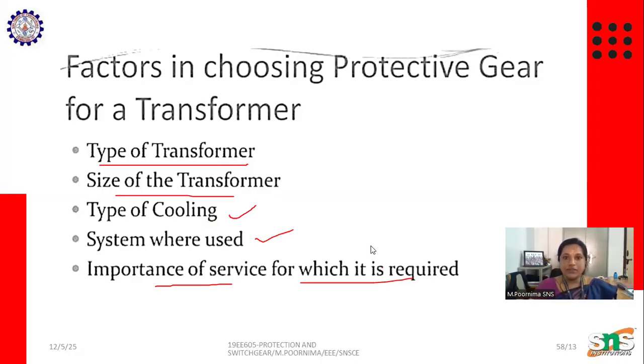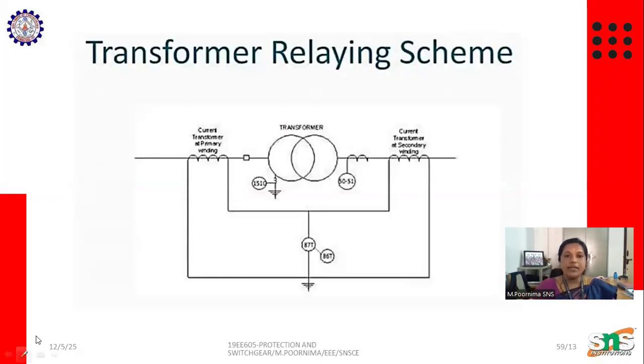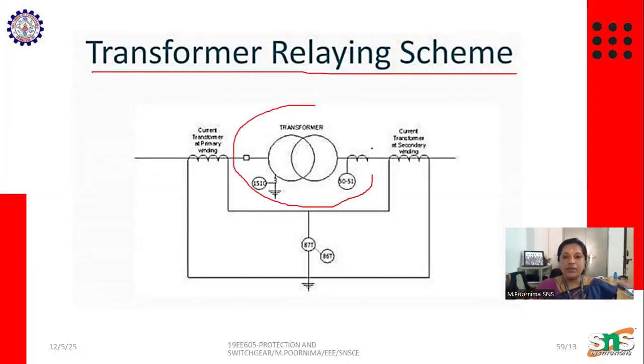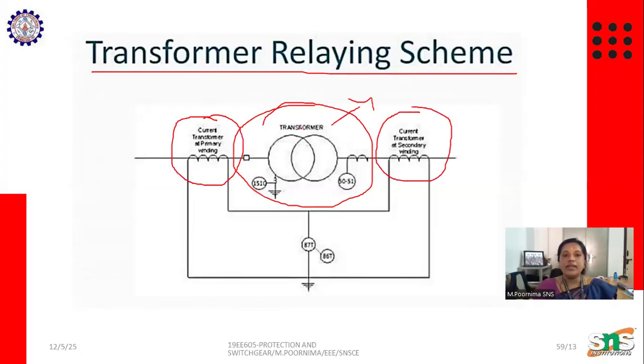Next is the transformer relaying scheme. Here we have the transformer which we are going to protect. We have two separate current transformers: one current transformer for protecting the primary winding, another for the secondary winding.